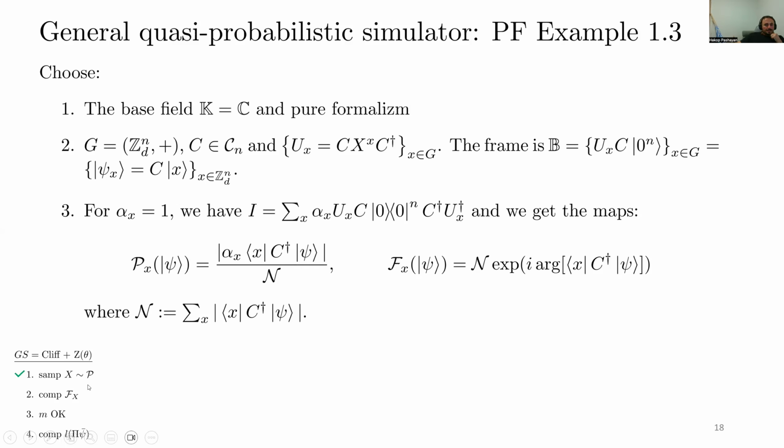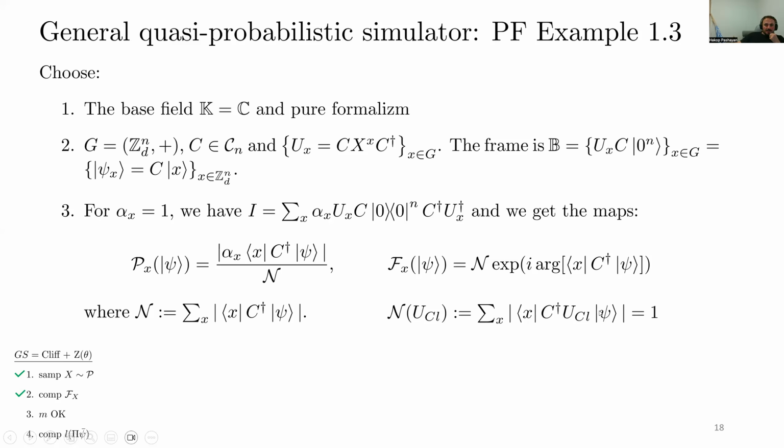And again, this sampling is easy enough to do. Computing F is easy enough. And if we want to look at how this M scales, we note that for Cliffords, because we can always set the C dagger to cancel whatever Clifford we were applying to whatever stabilizer state, this psi is always going to be a frame element, except at the very beginning, which is still a frame element technically.